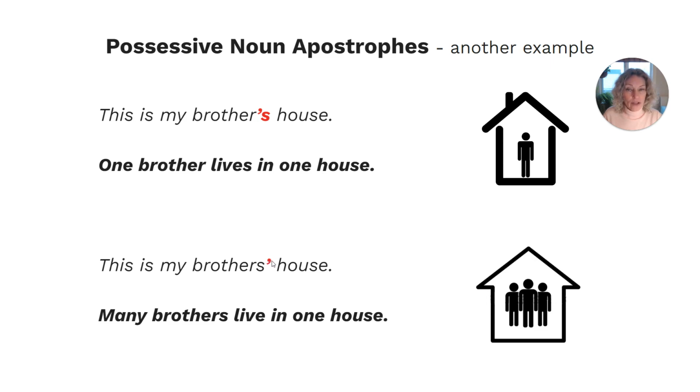But if you put the apostrophe after the S, then it means that brothers is plural. And that means many brothers live in one house. So you can't tell the difference when I say it, right? This is my brother's house, singular. This is my brothers' house, plural.